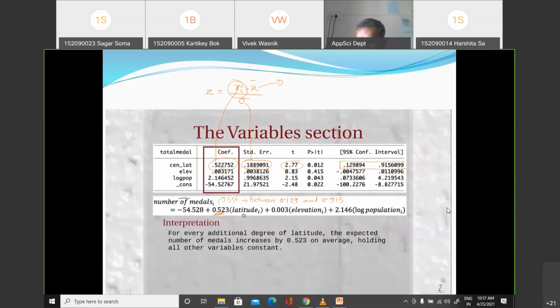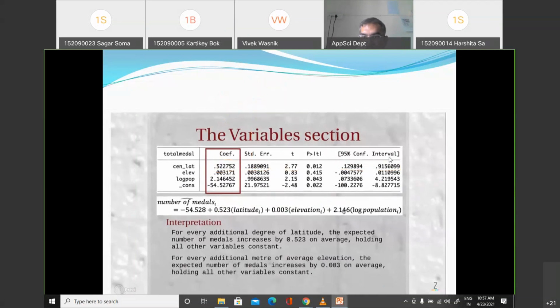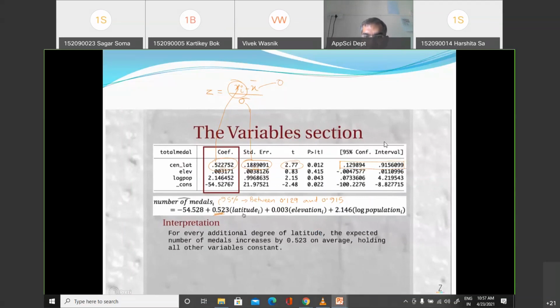Yes, Ketaki, among the names I said, Ketaki is, I think, the most silent person so far in this respect. So Ketaki, please tell us, how do we interpret about elevation from this table?